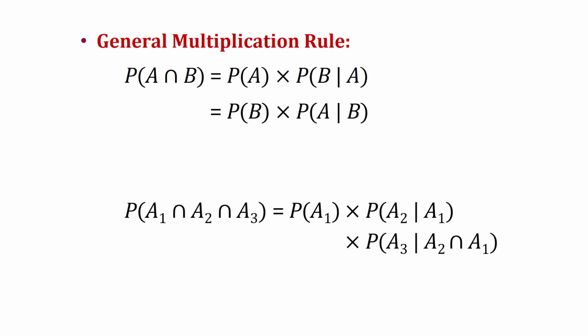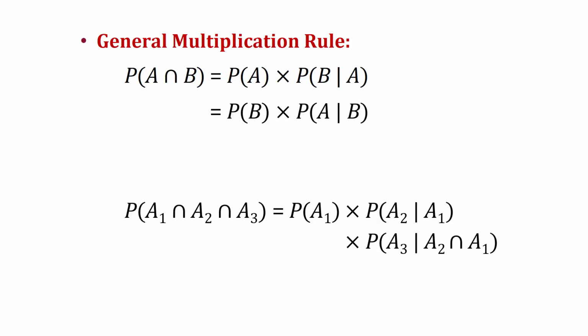If I have three events, A1, A2, and A3, and I want to find the three-way intersection between those three, I pick one of them, in this case probability of A1, find its unconditional probability, multiply that by another one, A2, given that first one, and then I multiply by the last one, given the first two.